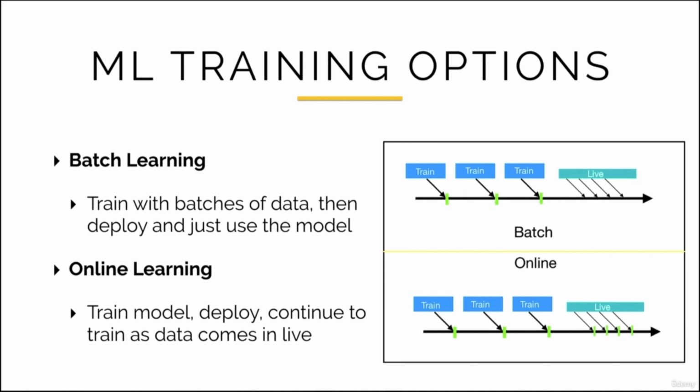Online learning, on the other hand, usually also starts with batch learning, so you train it first so that it does well beforehand. But the option with online learning is that you can continue to train it as new data is coming in. This sounds really nice, but of course there are also complications that come with it. For example, when new data is coming in, how do you know what the right answer is if the right answer doesn't come along with it?